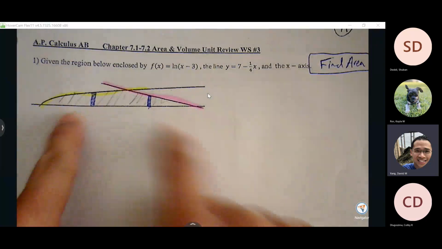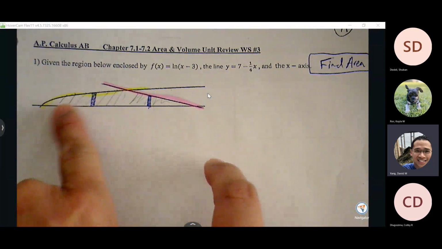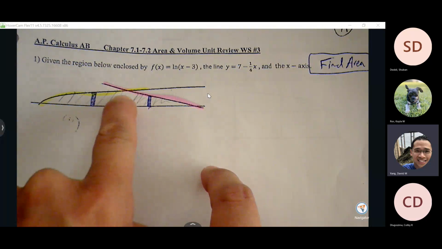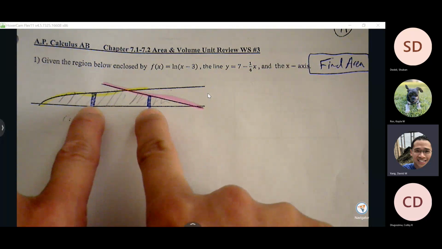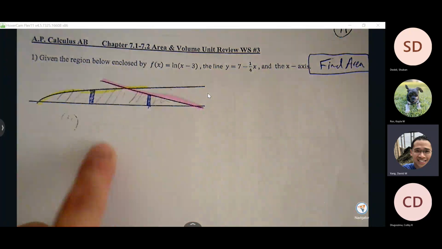So to the left of this intersection is going to be the natural log graph. To the right of the intersection is going to be the linear graph. So top minus bottom is fine, but we're going to have to rely on two separate integrals.